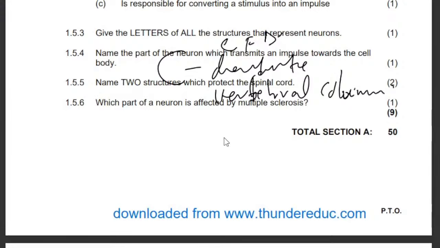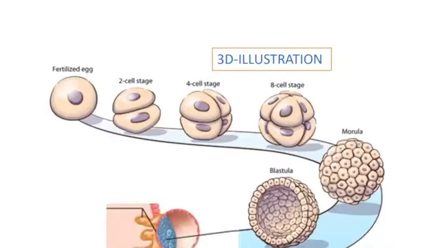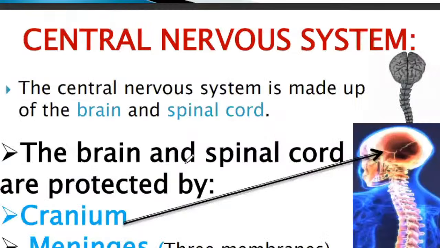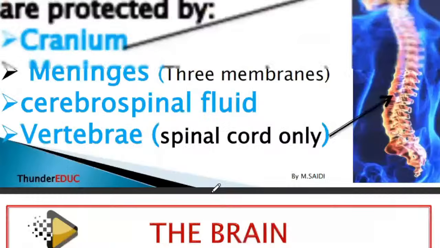Yes, or the vertebrae. Sometimes we call it the vertebrae. Yeah, and then also the cerebrospinal fluid. If you check it here in our distinction material, you will always find the answers there, just that we don't want to talk about it too much.